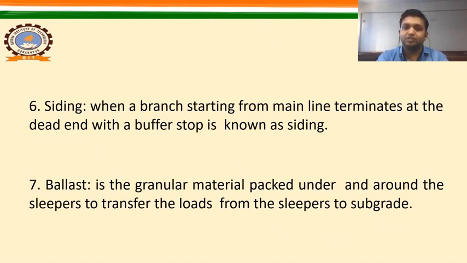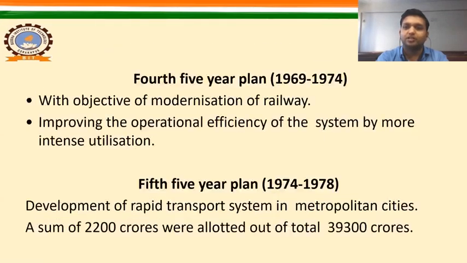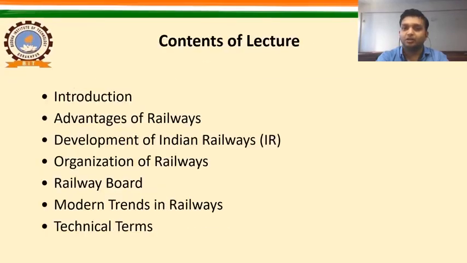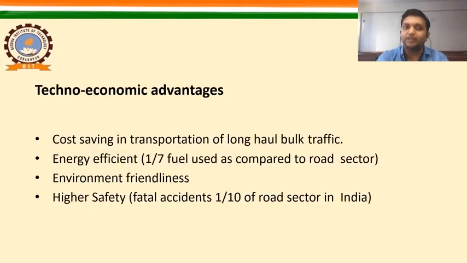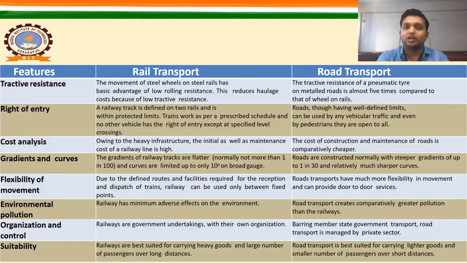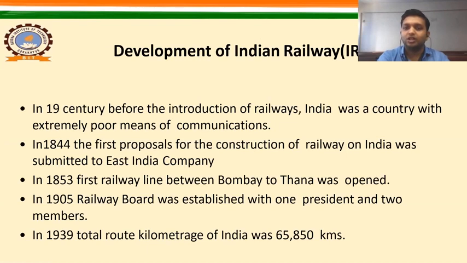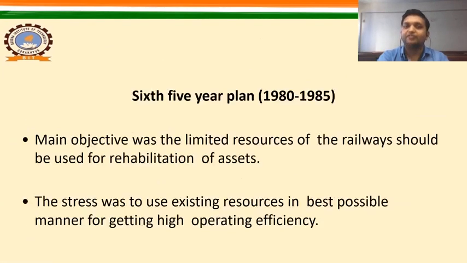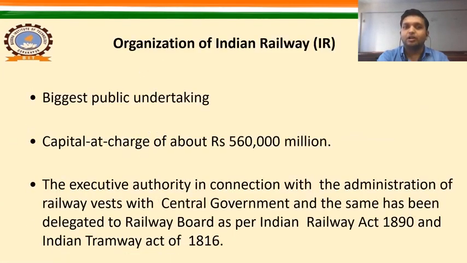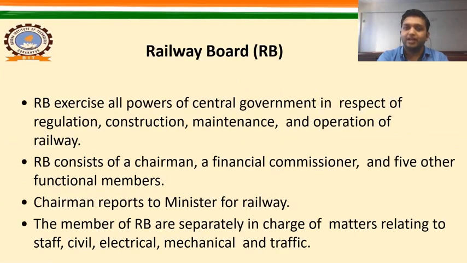So this is all about lecture one. This lecture started with the introduction, then the advantages of railways. Then there was a brief comparison between rail transport and road transport. Then the development of Indian Railways, from the first five-year plan to the ninth five-year plan. Then the organization of Indian Railways, that is IR, and the Railway Board.